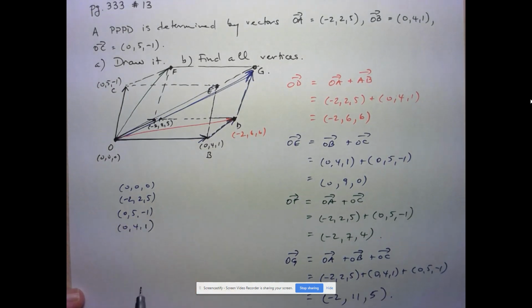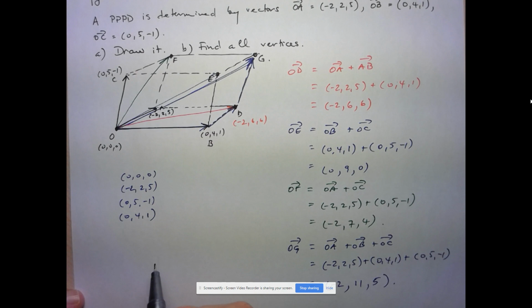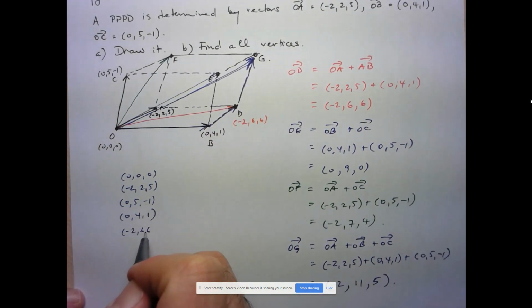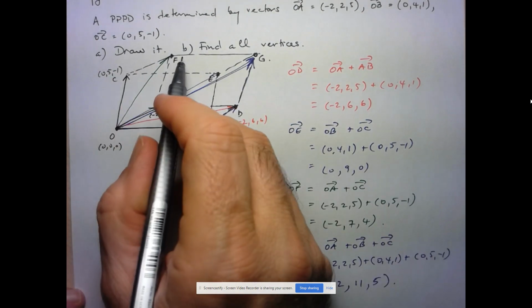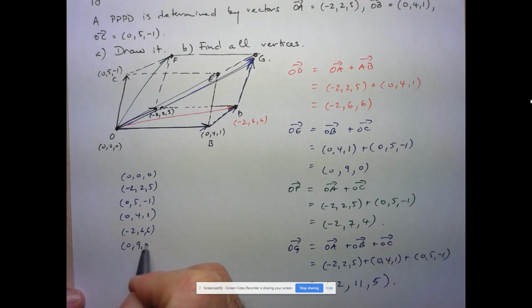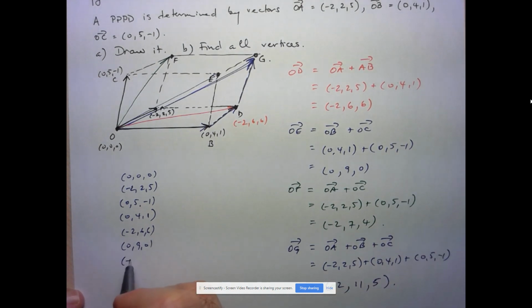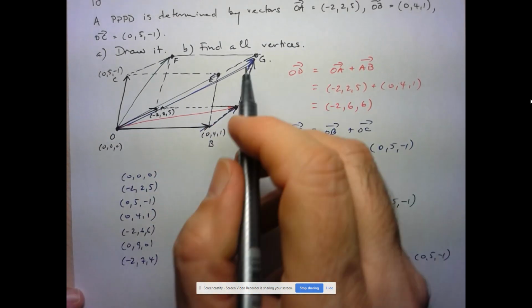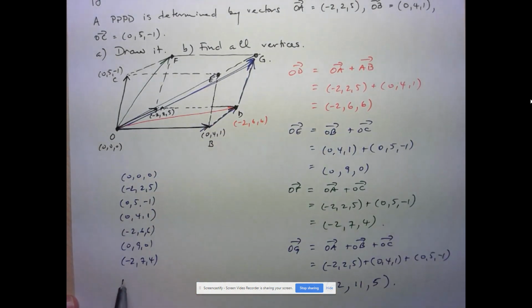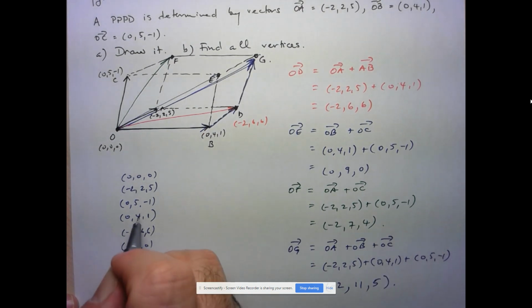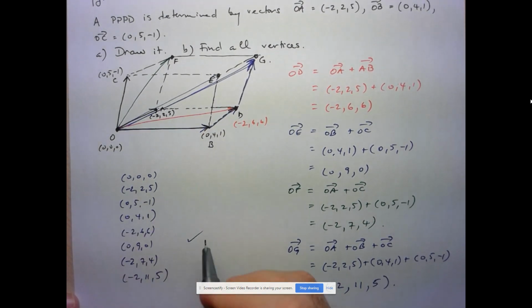Those were the original four vertices, and now we found the other four: negative 2, 6, 6, then 0, 9, 0, then negative 2, 7, 4, and lastly the one directly across from point O, which is negative 2, 11, 5. 1, 2, 3, 4, 5, 6, 7, 8. So we've got all of them.